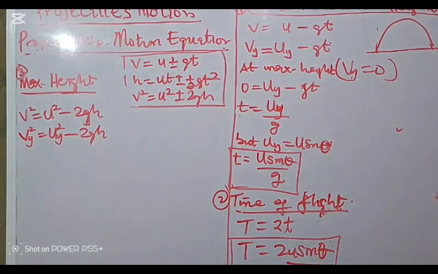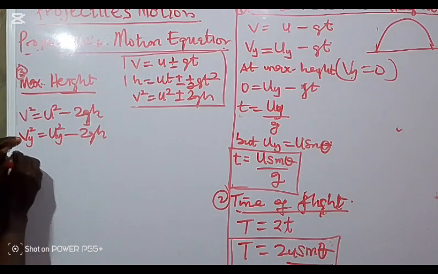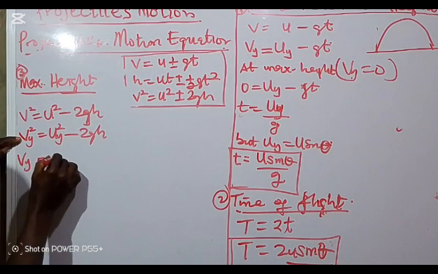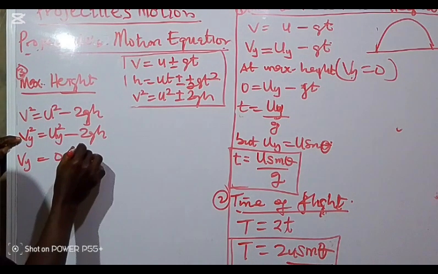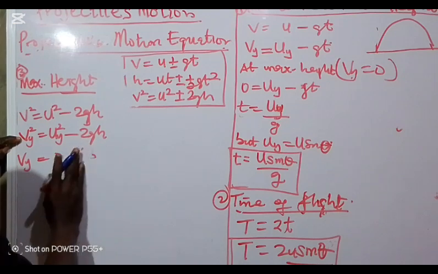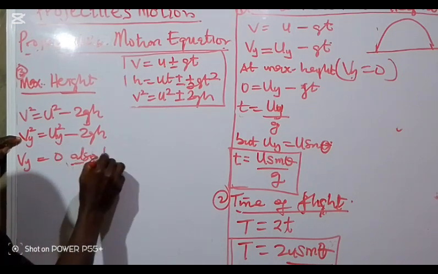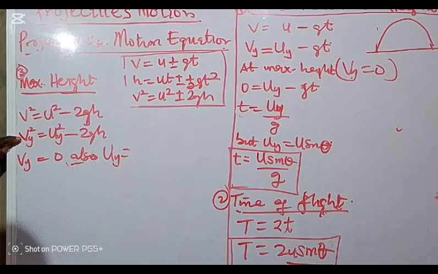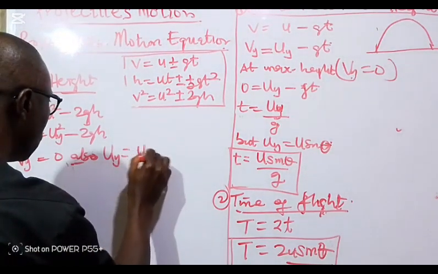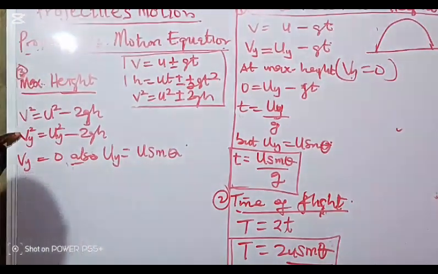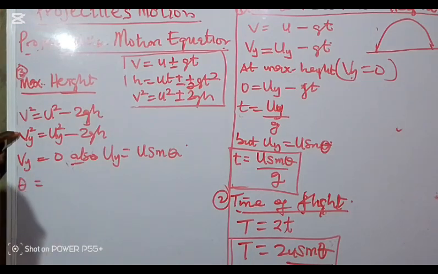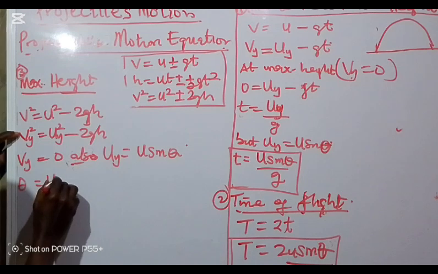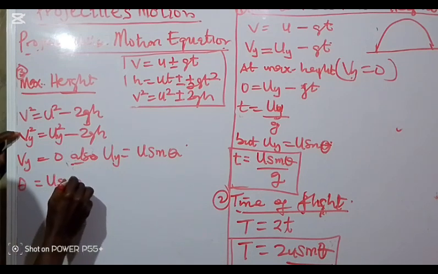Now, we said at maximum height, Vy will be equal to 0. At the same time, Uy, according to what we've done the other time, is u sine theta. So if that is the case, we have 0 equal to u sine theta, all squared, minus 2gh.